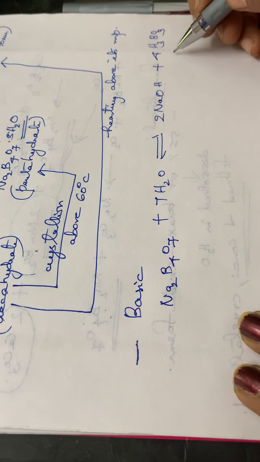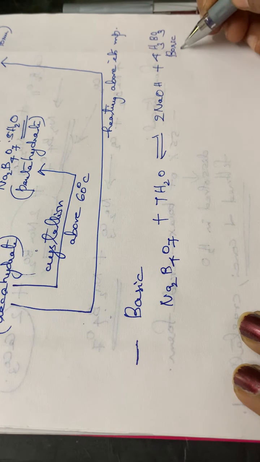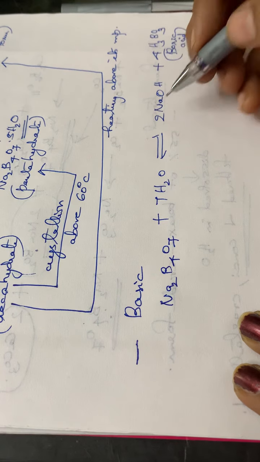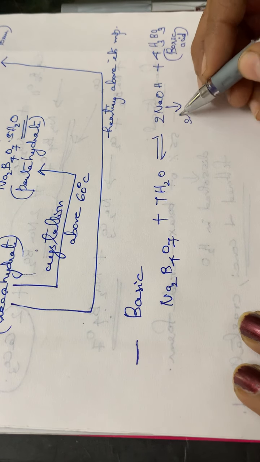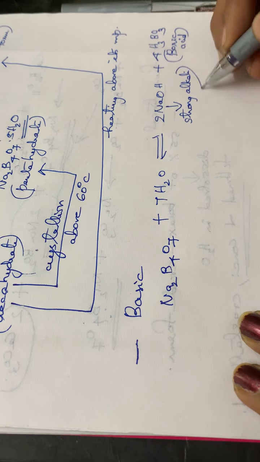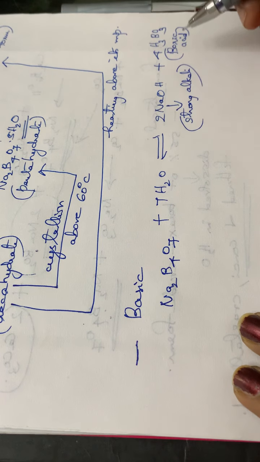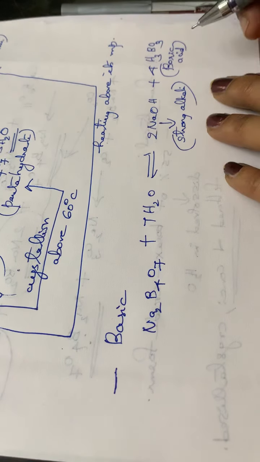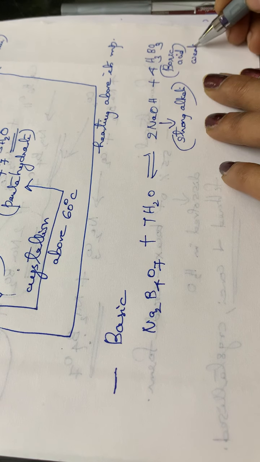NaOH is a strong alkali, isn't it? Boric acid is a weak acid.